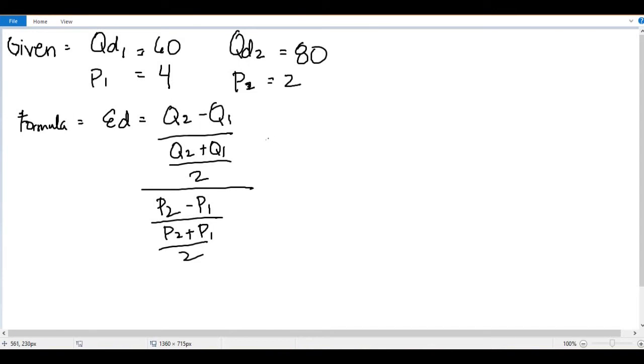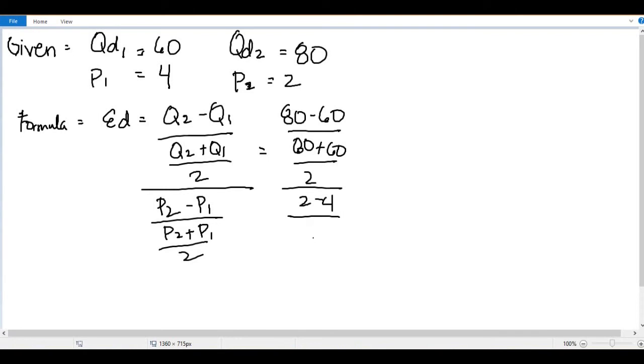So, substitute 80 minus 60 divided by 80 plus 60 divided by 2, all over 2 minus 4, tama? 2 minus 4 divided by 2 plus 4 divided by 2. We go now to solve isa-isa.